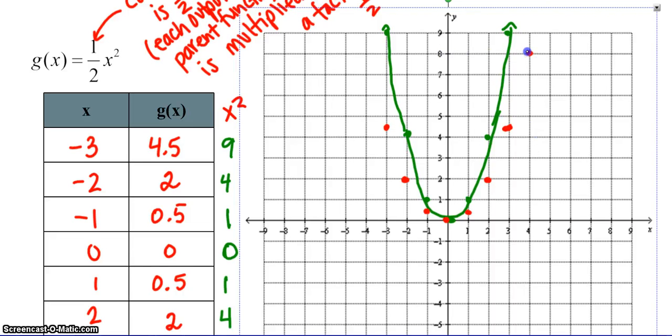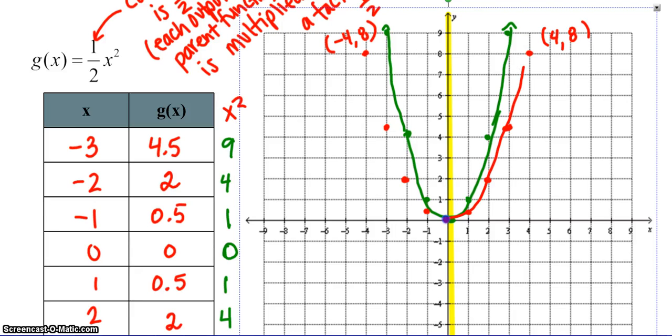I'm going to reflect that over the axis of symmetry. Let me highlight for you the axis of symmetry so that you keep seeing this. This is your axis of symmetry right there. When I reflect that point, 4, 8, over the axis of symmetry, -4, 8 is also going to be a part of this graph.